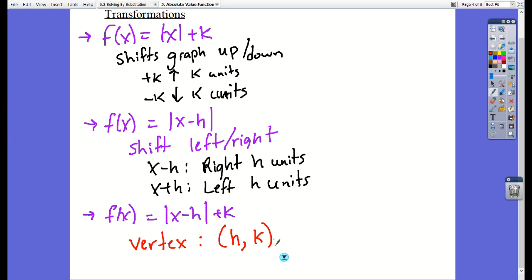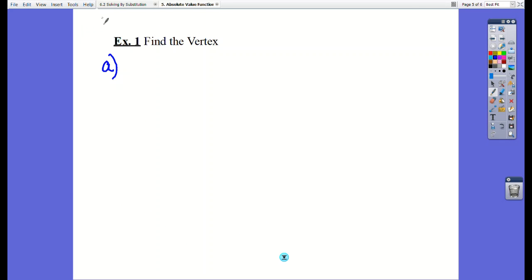And what's being added on the inside is your x value. We're going to do this first one together. So here's your equation. I'm going to give you f of x equals the absolute value of x minus 1 plus 2.